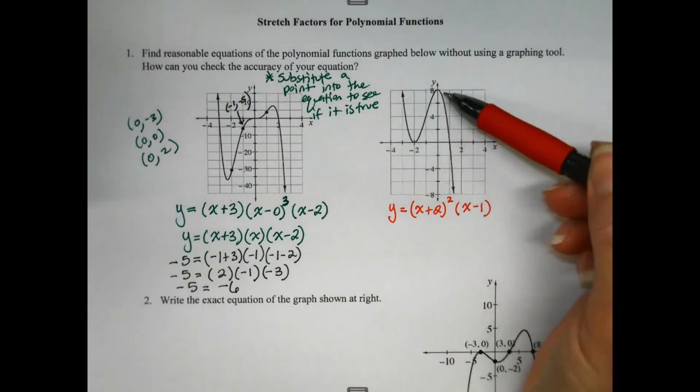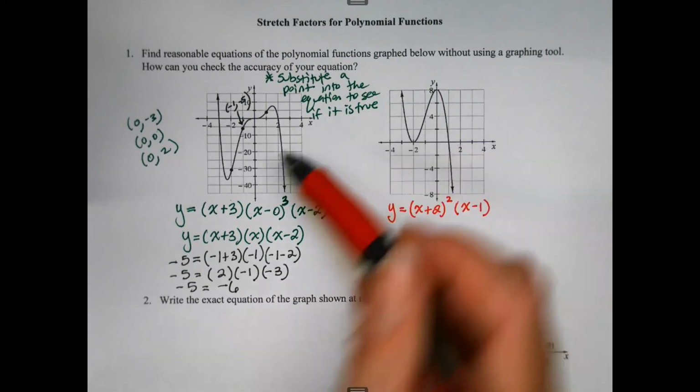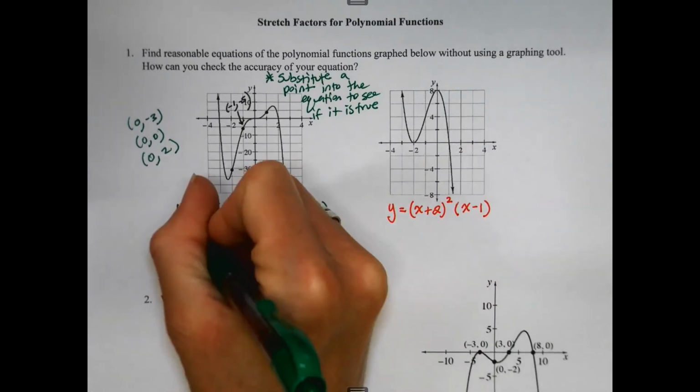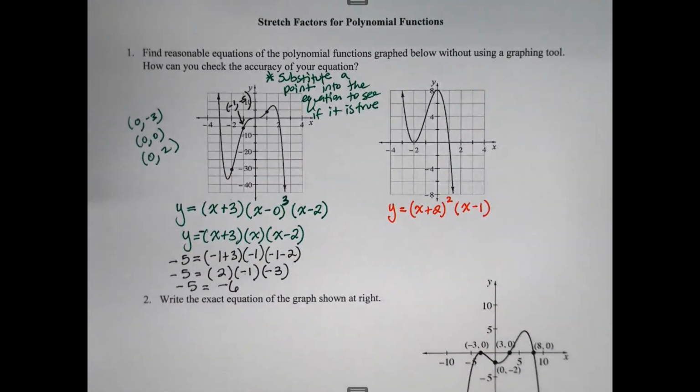Another thing to notice is the orientation. Is this positively oriented or is this negatively oriented? And actually, both of these are negatively oriented. And so we should have had a negative here. When I multiplied two negatives and made it a negative, that was a mistake.